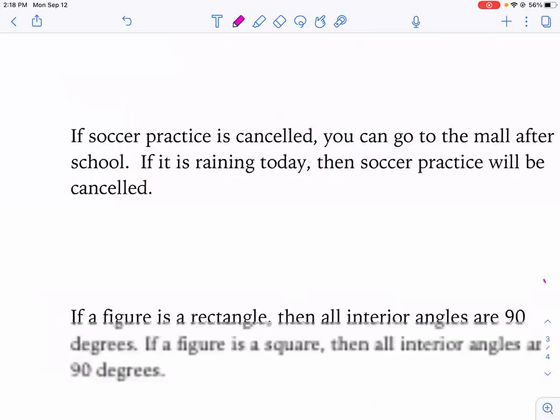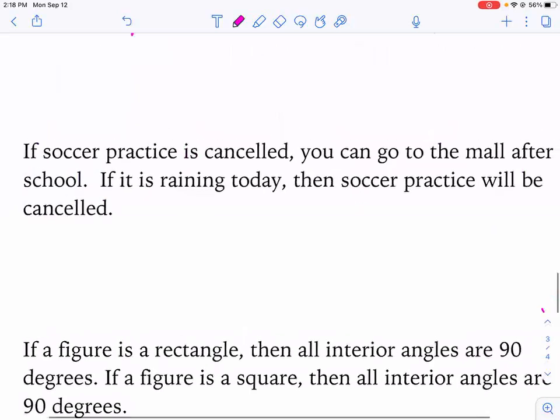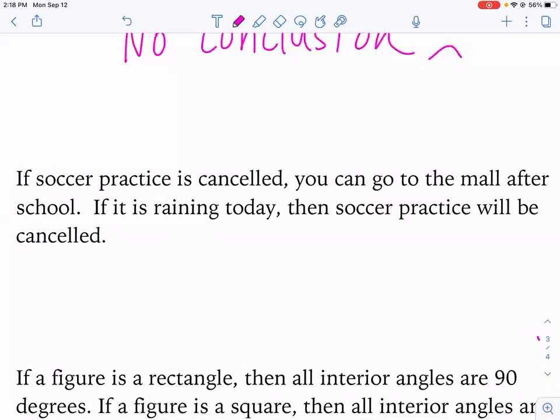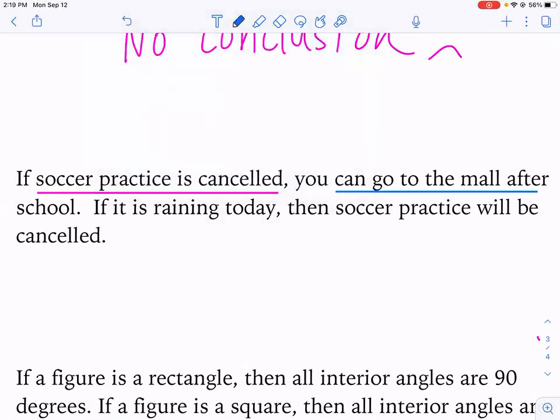This one's for my soccer players. If soccer practice is canceled, then you can go to the mall after school.